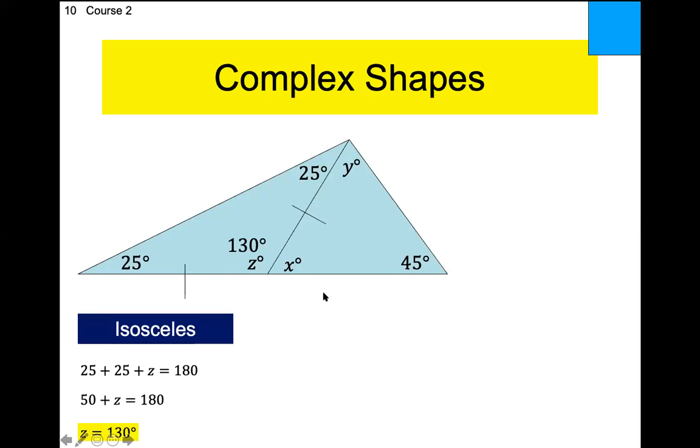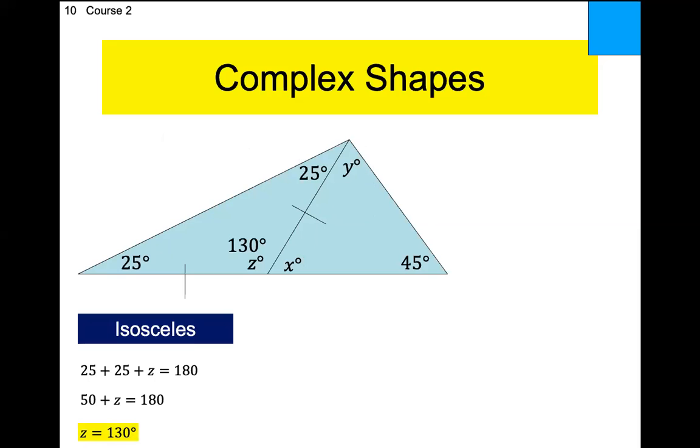Okay, z is 130. That doesn't help us with x or y, or does it? It does. Z and Y would be alternate interior angles if we had parallel lines, which we don't, though they could be if there was a parallel line up here. But z and x are on a line, so that's 180.